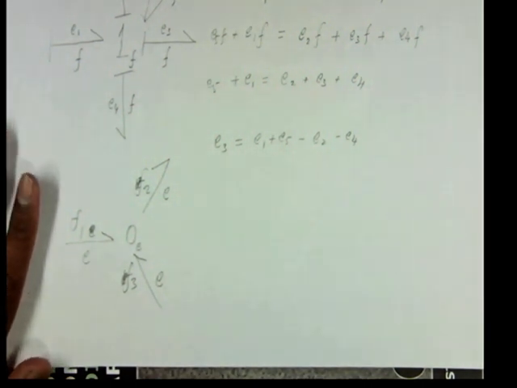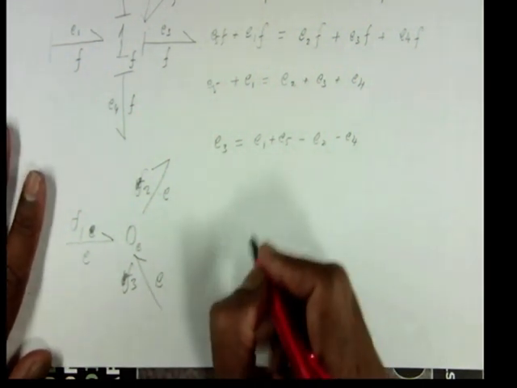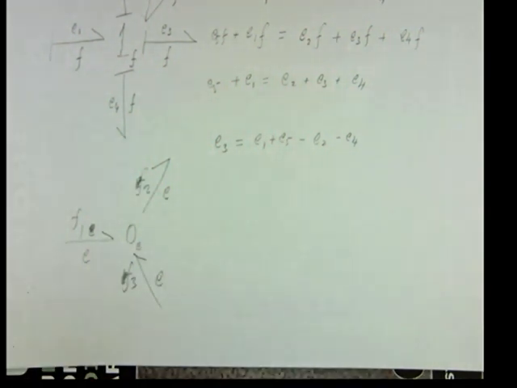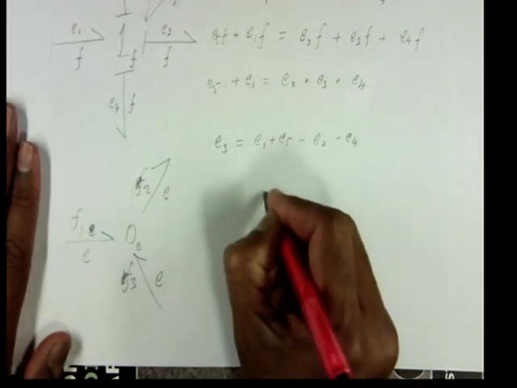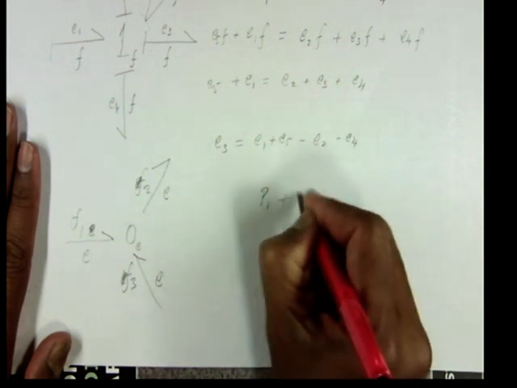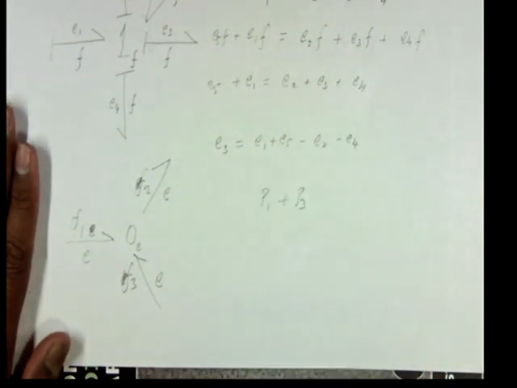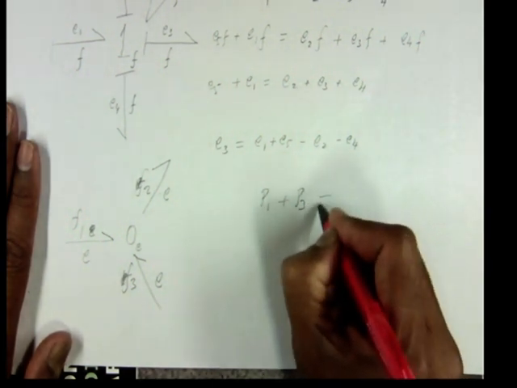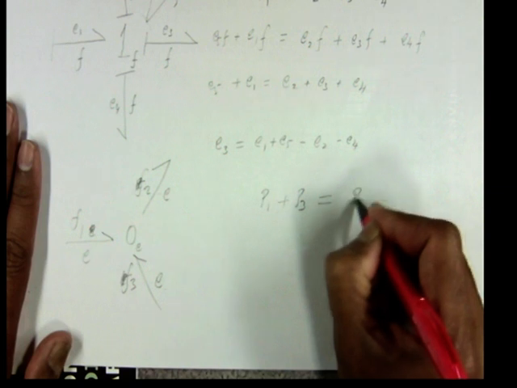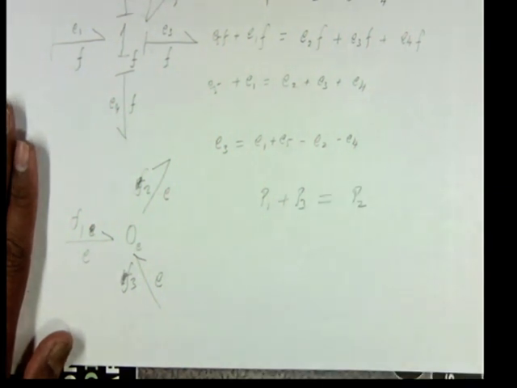Okay, so you can see here that just like the one junction, the zero junction doesn't retain any power with it. Whatever energy comes in, it gets distributed. Okay, and so you apply the same rule, power 1 plus power 3. In this case, this is the power coming into the junction, and that is equal to the power, in this case, leaving out from the junction.